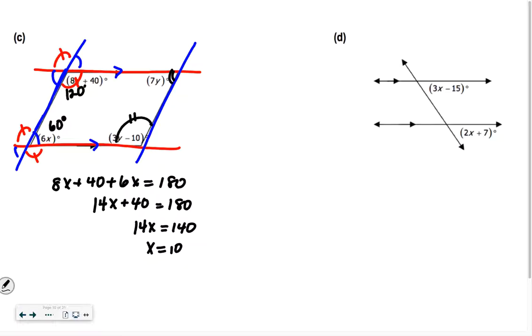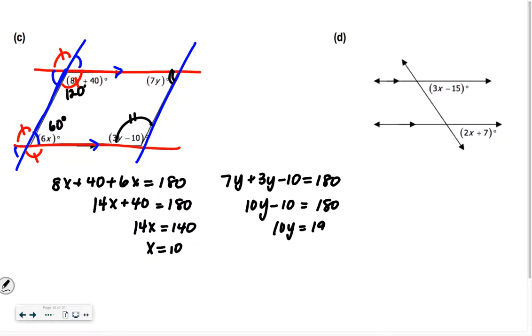So we're going to have 7y plus 3y minus 10 has to equal 180. So I get 10y minus 10 equals 180. So I get 10y equals 190, so I think y is equal to 19.